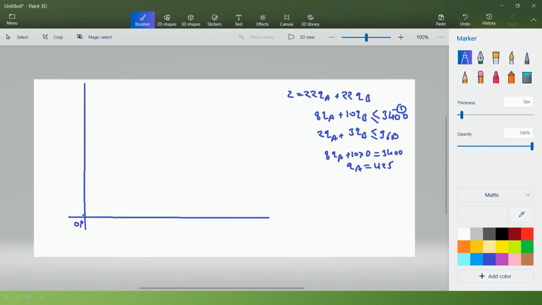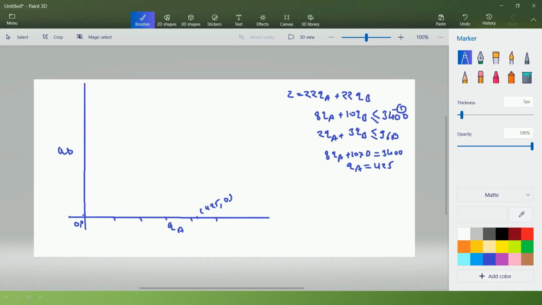So considering QB in this direction and QA in this direction, when QB is equal to 0, QA is 425. Considering this as 100, 200, 300, 400, 500, somewhere around here will be 425, 0.